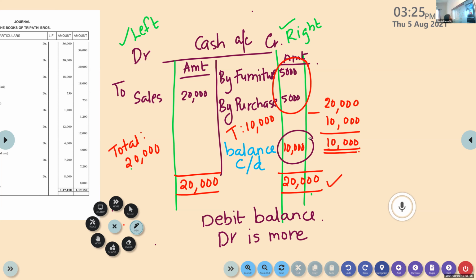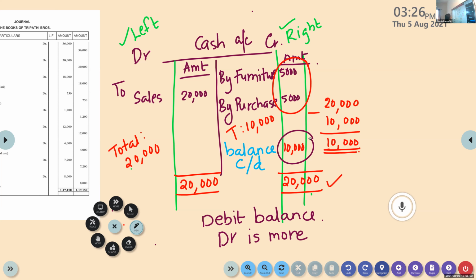Okay. So what did I say? First, we will calculate the totals. Are you all listening? First, we will calculate the total of the debit amount as well as the credit amount. We will see which is higher. We understand that the left hand side has got a greater number, that is 20,000. So in this case, we will write 20,000 on both sides.